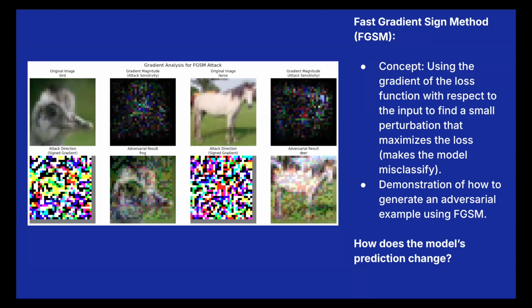Same thing. You've got a horse, and then you've got the gradient magnitude associated with it. And now what we're doing is we're adding this sign gradient in the attack direction. And you can see that even though a human could look at this and say, yeah, I still think that's a bird, we've convinced the model that it's a frog somehow. Maybe it's the eyes on top.